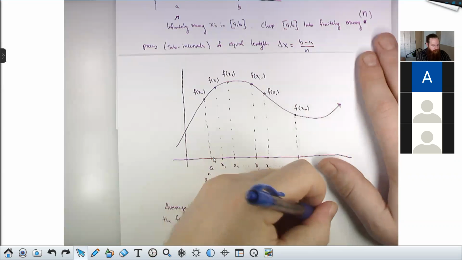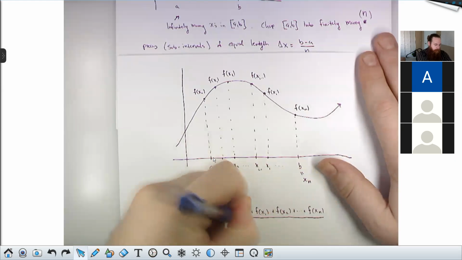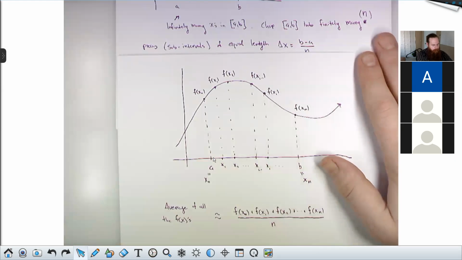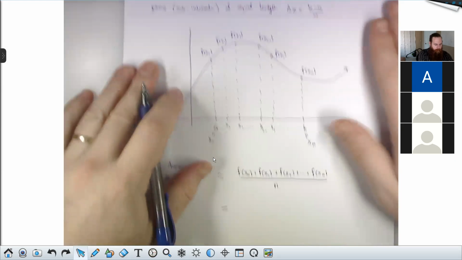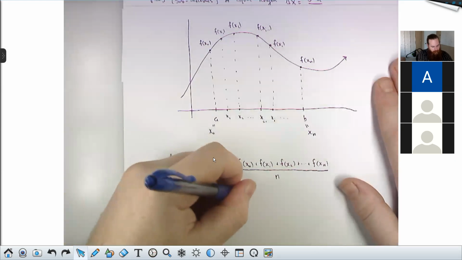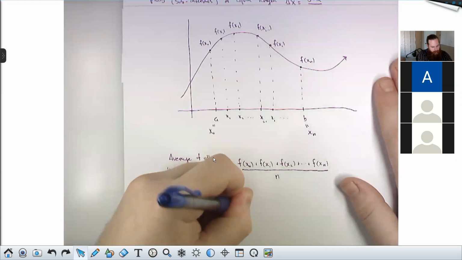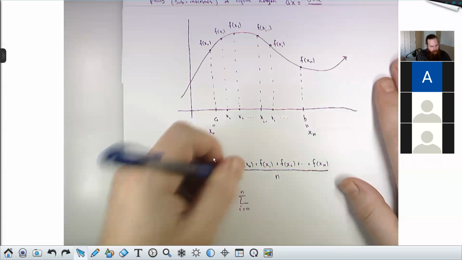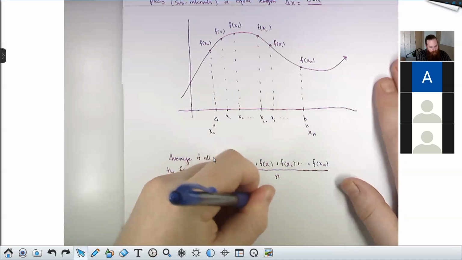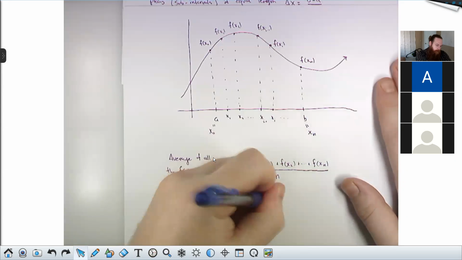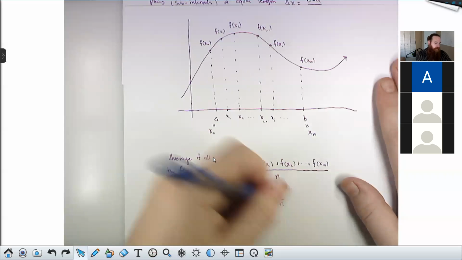And there's n of them, so I'll divide all of this by n. That I can rewrite in the sigma summation notation as the sum from i equals 0 to n of f of xi times 1 over n.